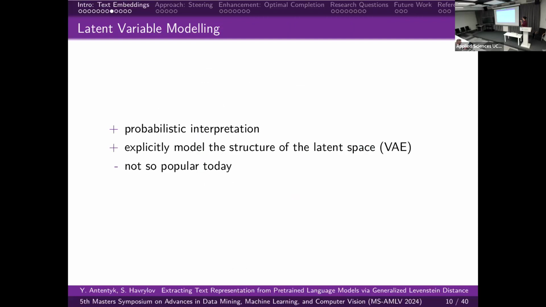The pluses of this are that it has a probabilistic interpretation and the math was worked out, and also that the embedding is modeled explicitly. But as we all know, it's not really popular today because of transformers and large language models.